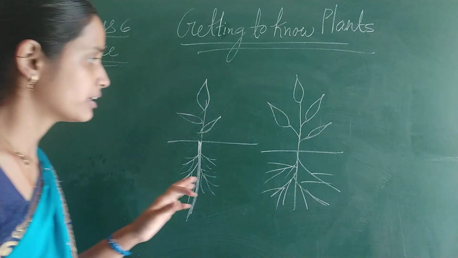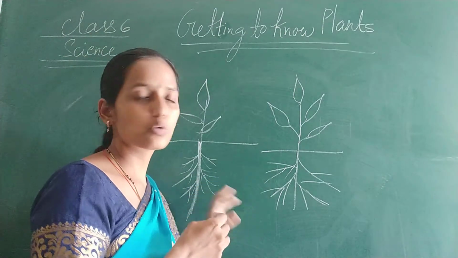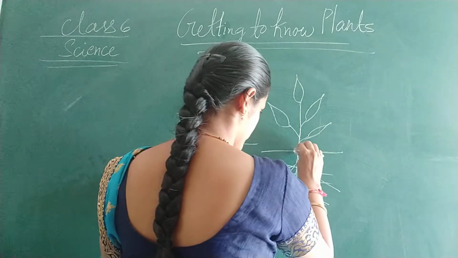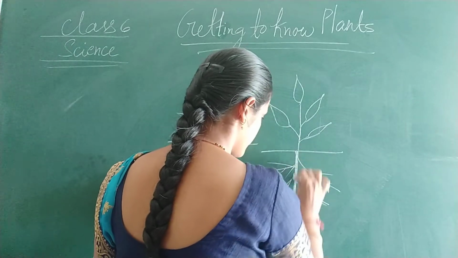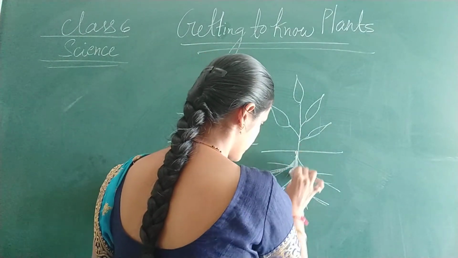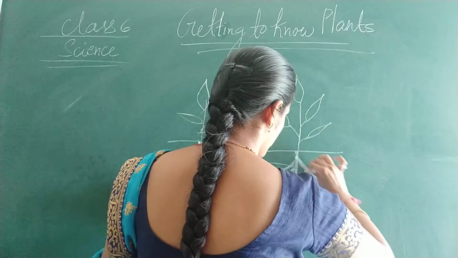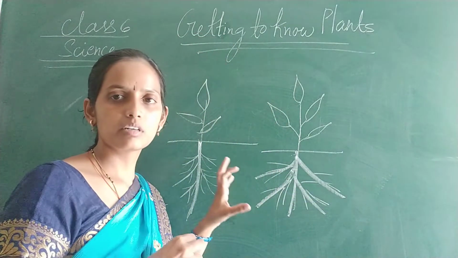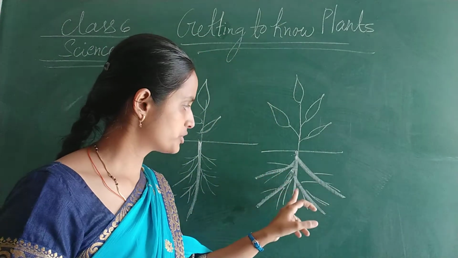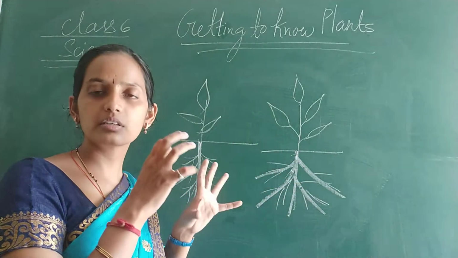Then in the second, the fibrous root, you can see 1, 2, 3, 4, 5, 6 main roots.